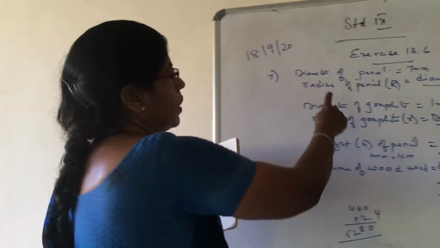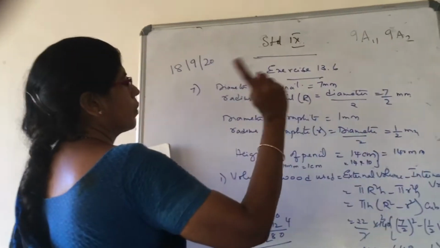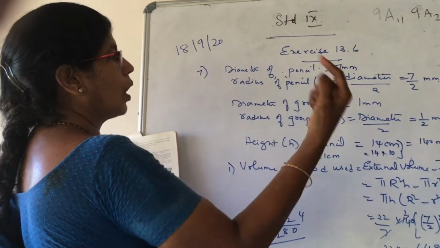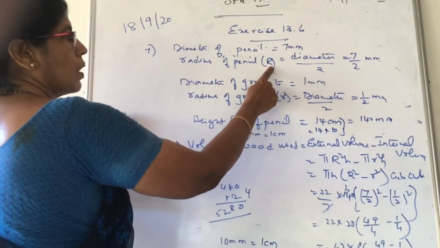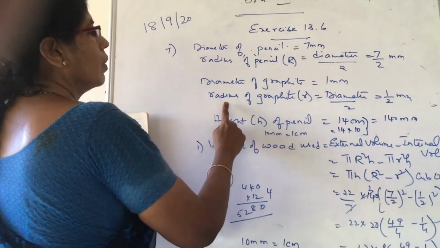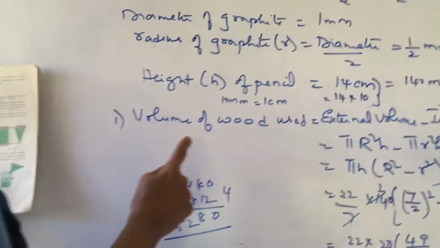Diameter of the pencil is 7 millimeters. Radius of the pencil with outer covering is diameter by 2, 7 by 2, so we take it as capital R. Graphite is 1 millimeter, and the radius of the graphite is half millimeter.